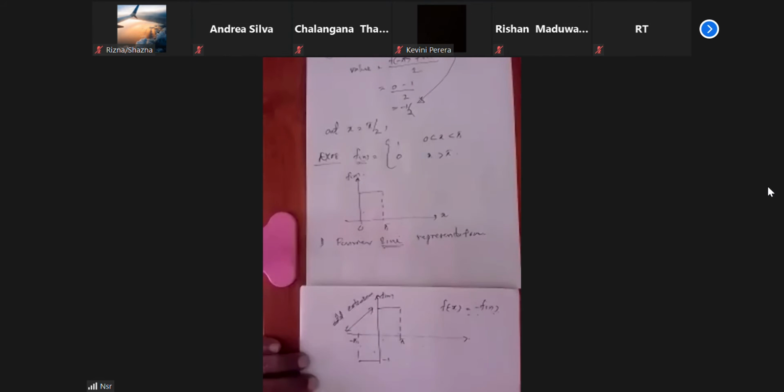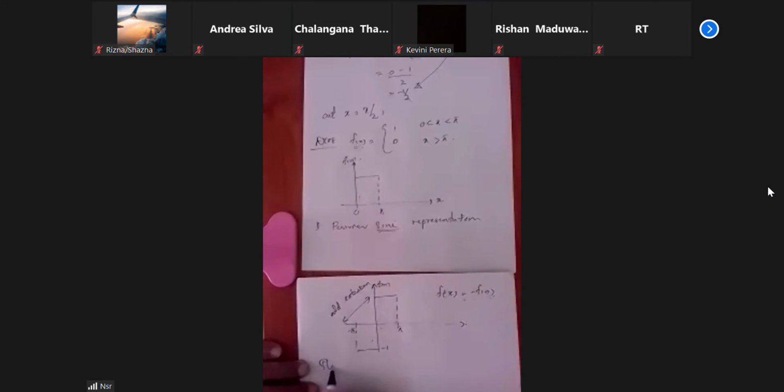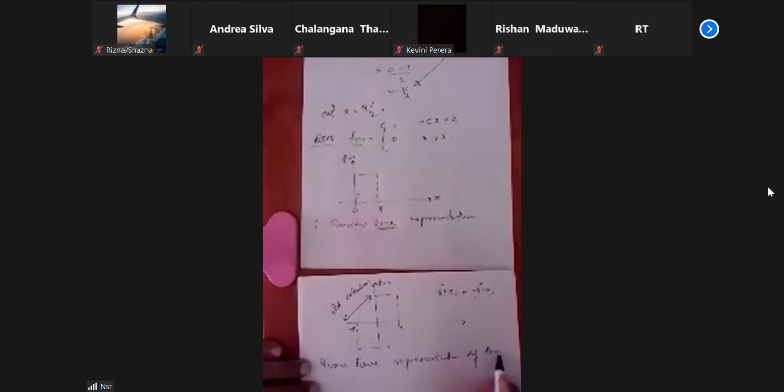Okay, write down. Then the Fourier representation of f(x) is f(x) equals the integral from 0 to infinity of B(alpha) sine(alpha x) d alpha.